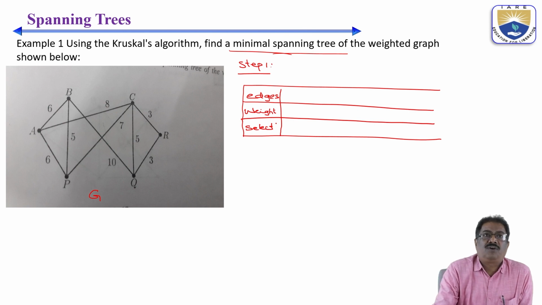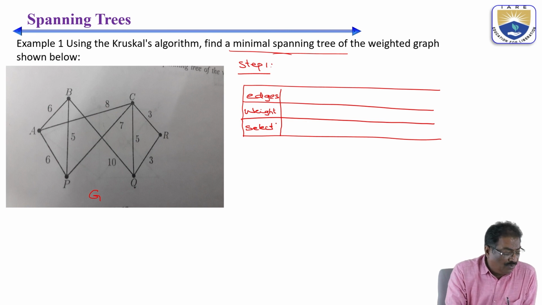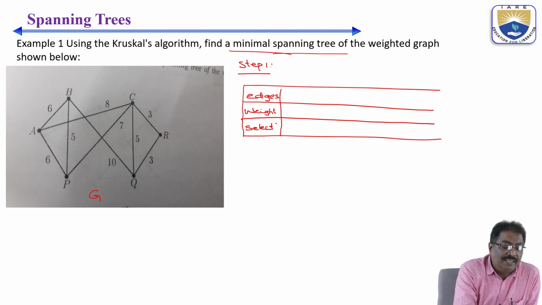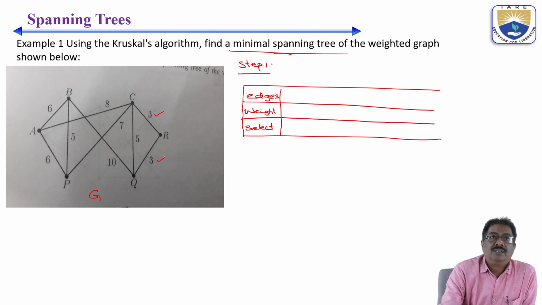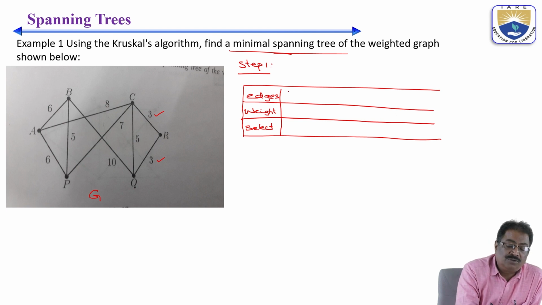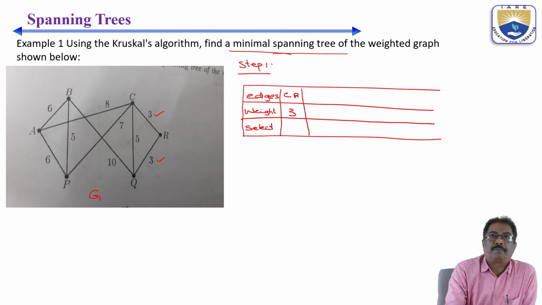Now first one is, which edge do I have to consider? From this, the least weights are only 3. So I can consider any one of these in any order. First I am going to consider CR, one edge whose weight is 3.